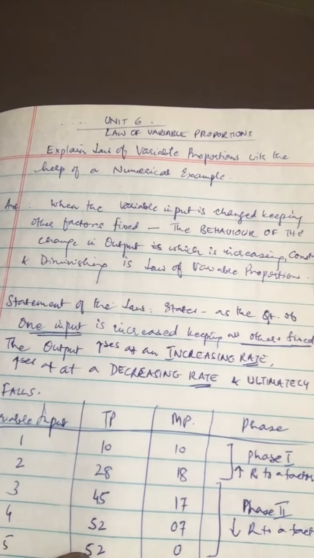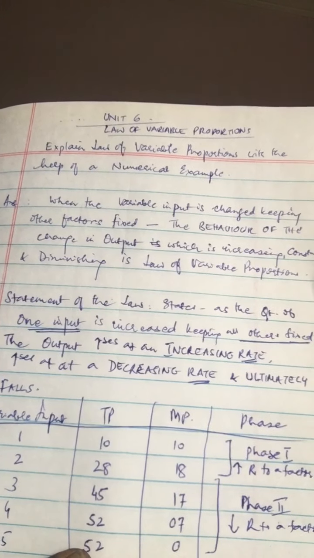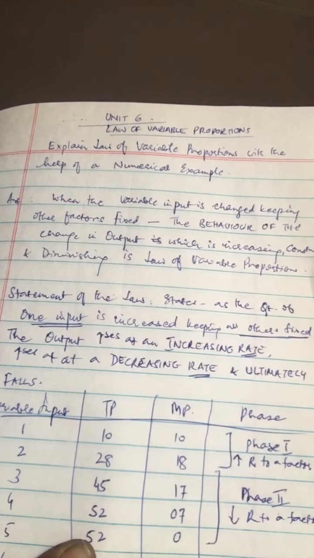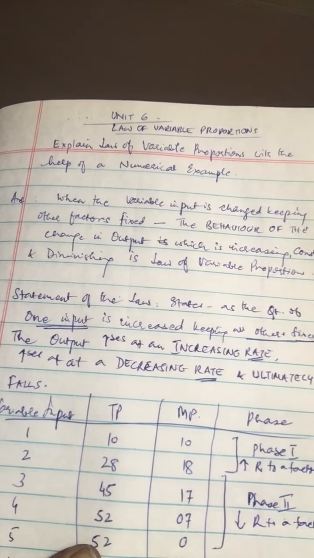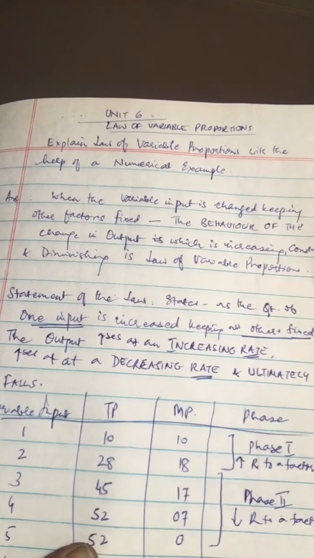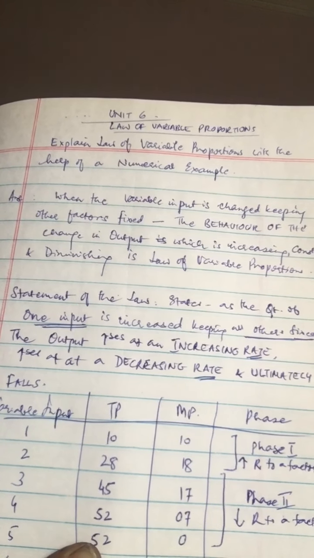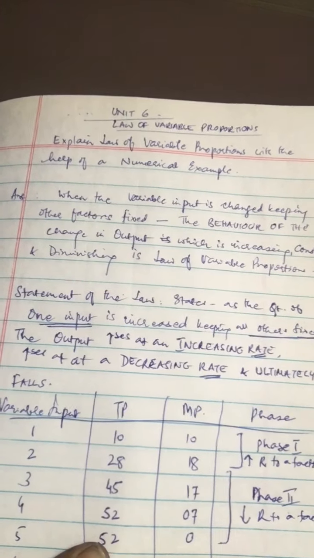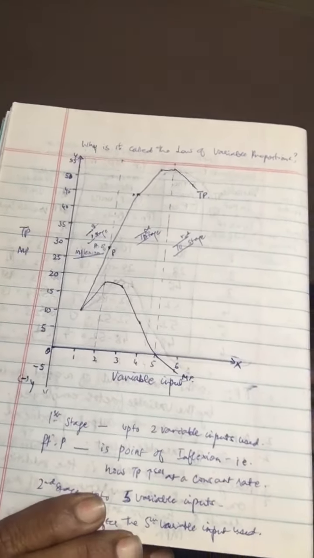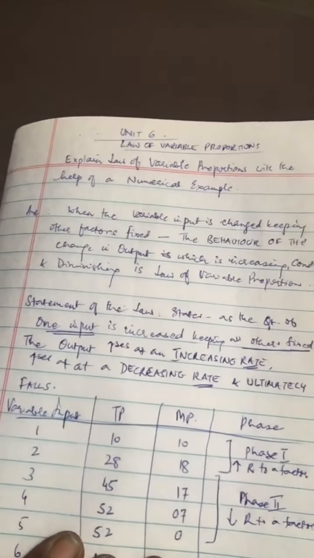Phase 2 starts when the MP starts to diminish but is positive. So TP increases at a decreasing rate after this. And then when phase 3 comes, TP falls and MP becomes negative. So that's it. This is all you have to understand.